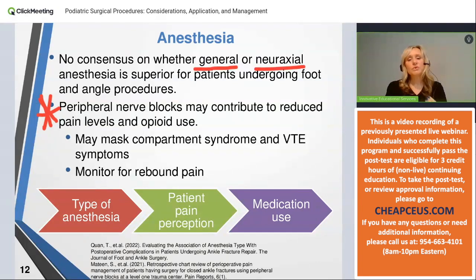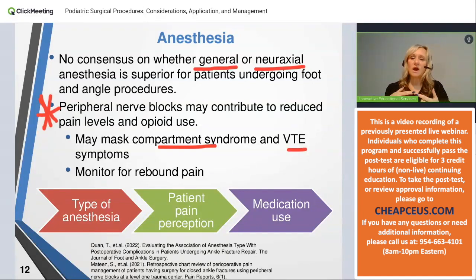For our patients who have these foot and ankle procedures, we need to pay extra attention to monitoring them for compartment syndrome, which we're already doing, that patients are at risk for that swelling and that compression that could lead to significant neurovascular compromise, as well as venous thromboembolism, those clots that can develop.